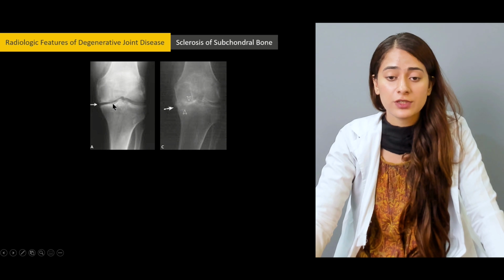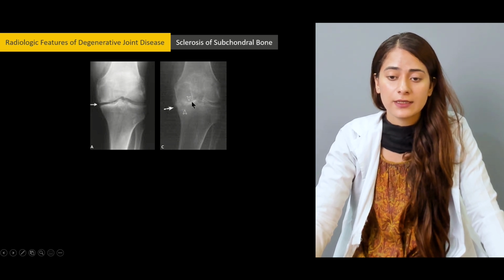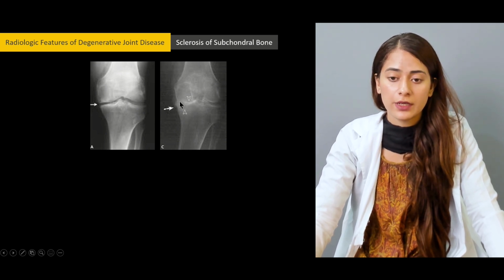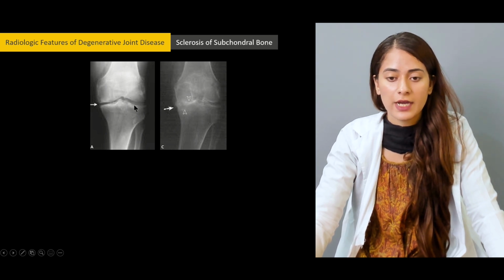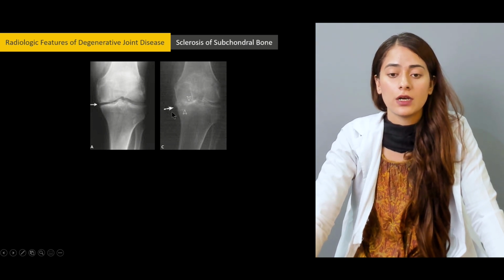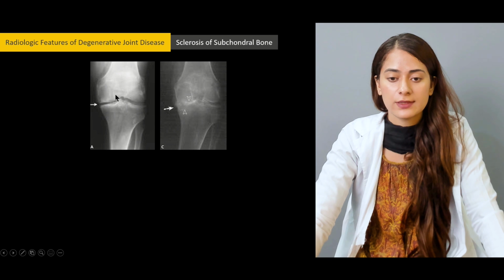So how sclerosis appears is this bright line that is visible on the x-ray. These bright lines that are visible on the ends of the joint surfaces on the x-ray are indicative of sclerosis of the subchondral bone, which is the bone next to the cartilage between the joints.